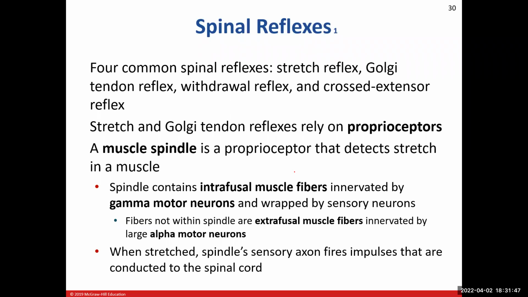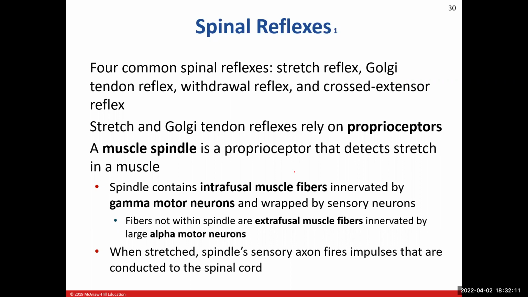By now, we should know what the proprioceptors are. Proprioceptors are those receptors that are located around joints, muscles, tendons, and the joint capsules themselves, and they are going to send back information to your central nervous system as to the spatial positioning of joints and muscles and tendons and whatnot.